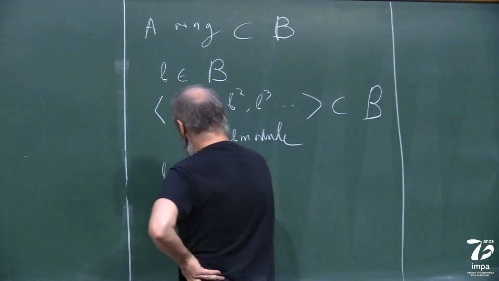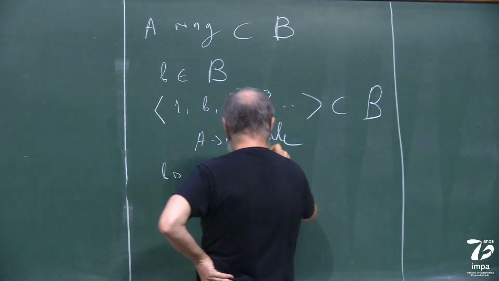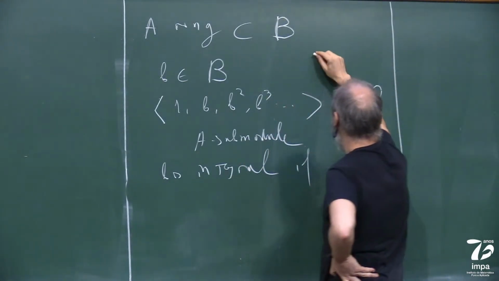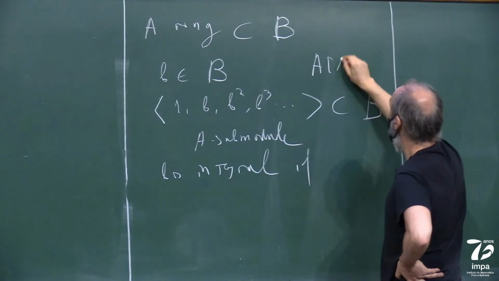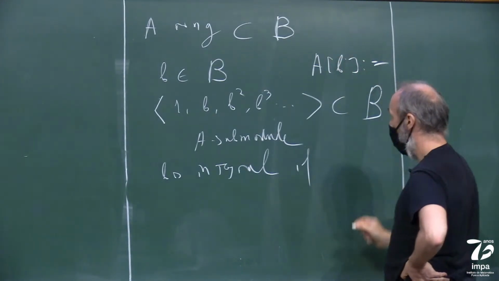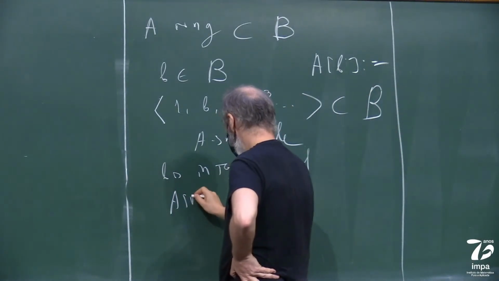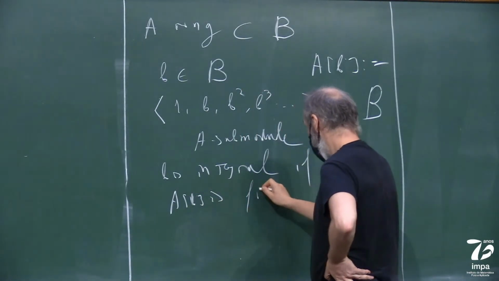And b is integral if this submodule, let's call it A[b], is finitely generated.